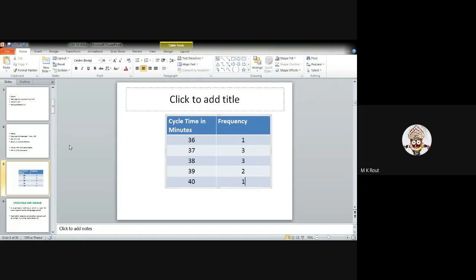So you have to calculate the standard time for the bolt by considering the allowances of 10% and the rating given as 105%.